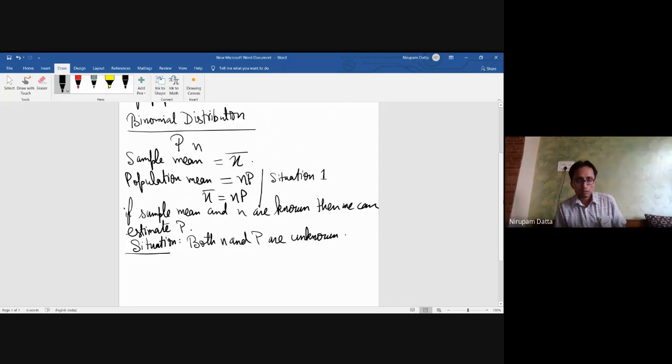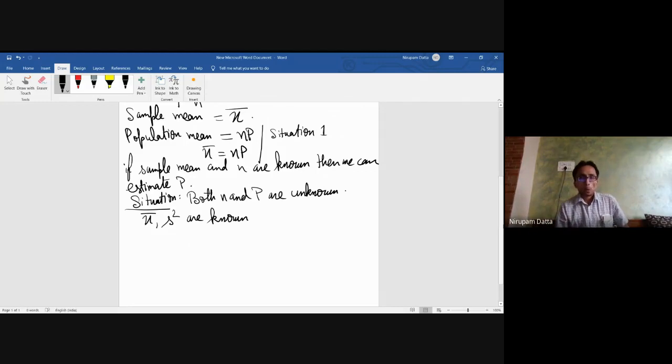Now the sample mean as well as the sample variance S square are known. So now we have two parameters. Apart from P, we will consider one more parameter, which is Q. Now Q is nothing but 1 minus P in binomial distribution.